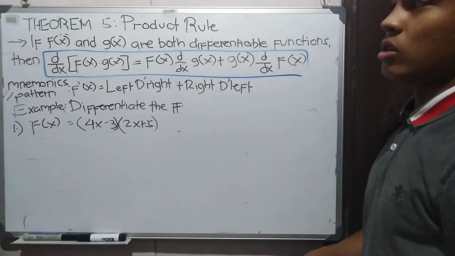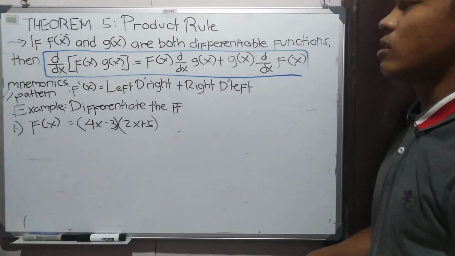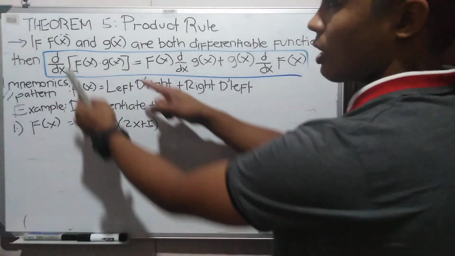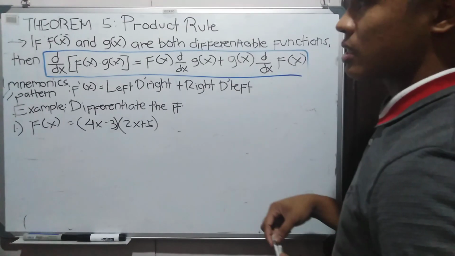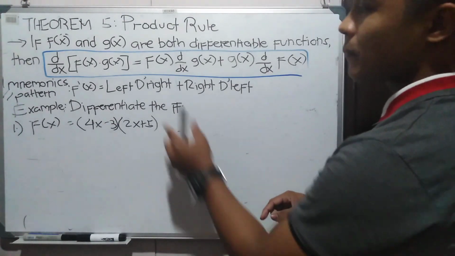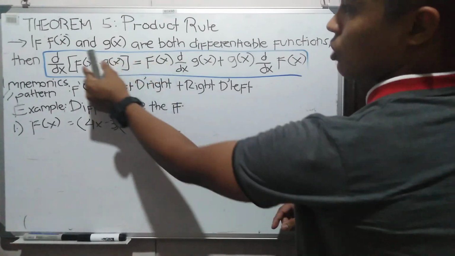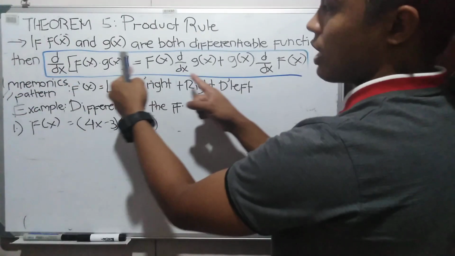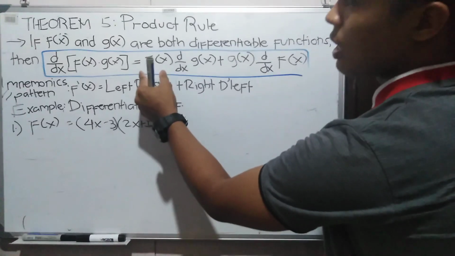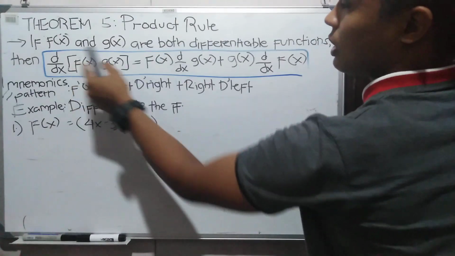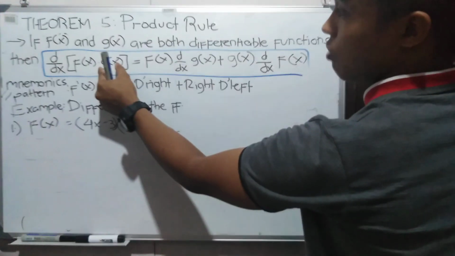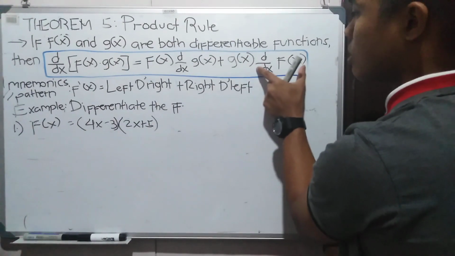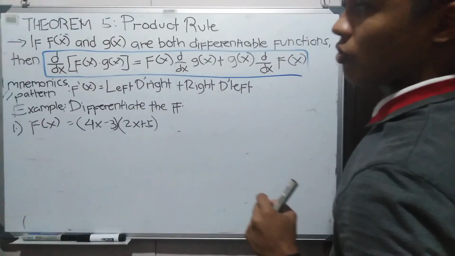If f of x and g of x are both differentiable functions, then the derivative of the quantity f of x times g of x is equal to f of x times the derivative of g of x plus g of x times the derivative of f of x.